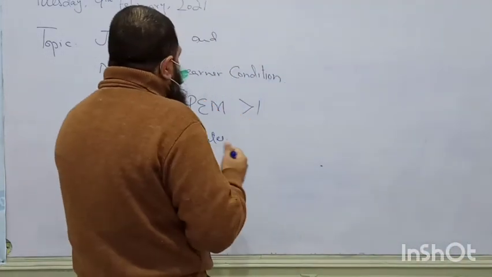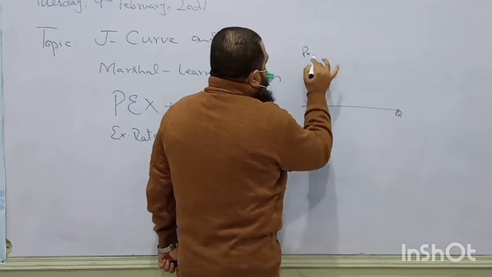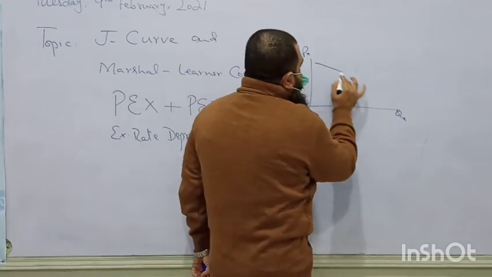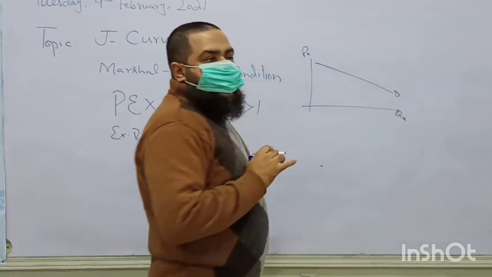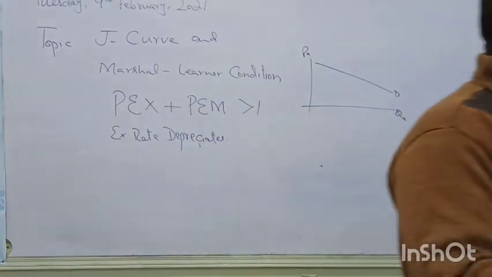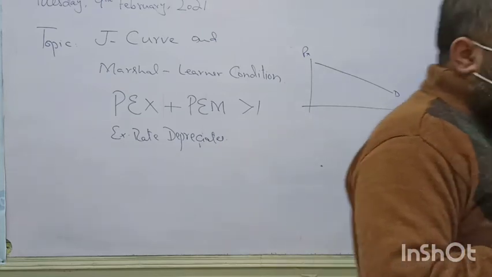Now, if this condition is fulfilled, look here. This is export prices. This is export market. If export elasticity is elastic, and in case of elastic demand, we said when price falls, total revenue will increase. Total revenue will increase.